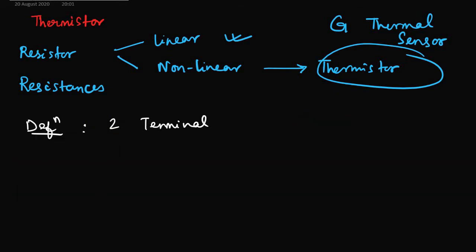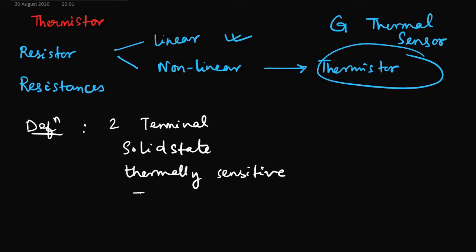So what would be the definition of a thermistor? Definition would be, it is a two-terminal solid state, thermally sensitive or temperature sensitive, you can say also, transducer. Due to dependence on the temperature, it is also called transducer, because according to the temperature change, we can change the resistance here. It may be linear or non-linear depending upon the requirement of the circuit.